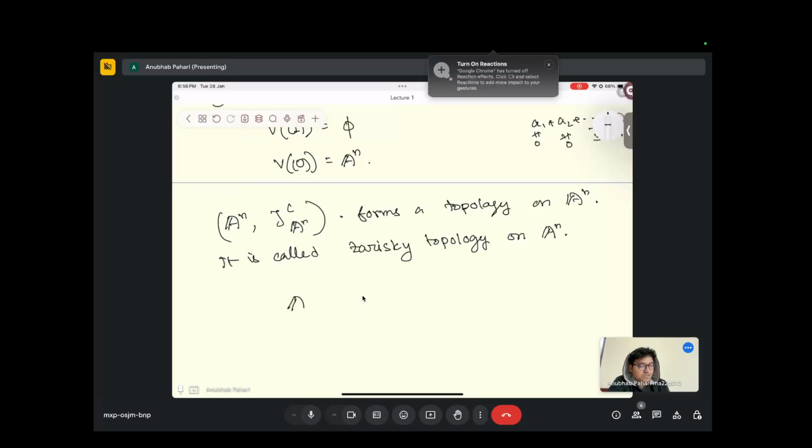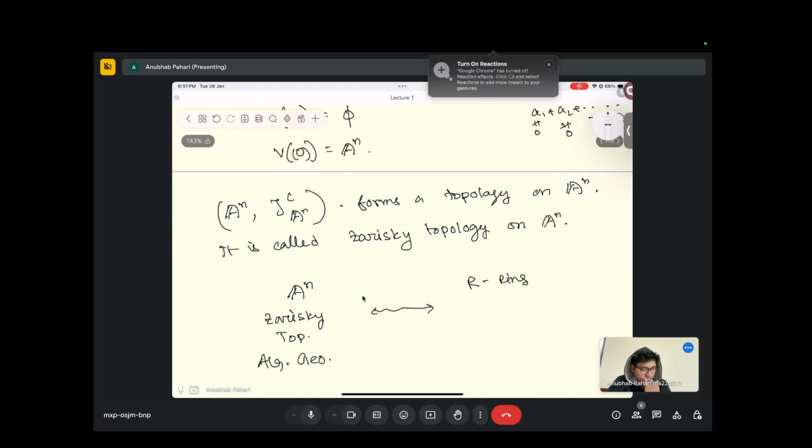So affine space and its Zariski topology are in the algebraic geometry part, but all those famous quotations about how a polynomial connects to a ring, and by ring I mean a commutative ring with unity, and its ideals.